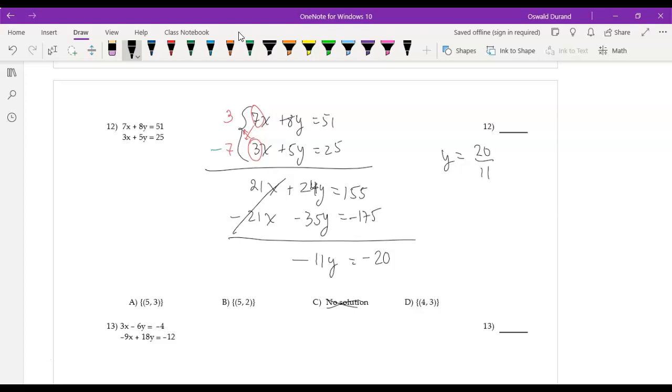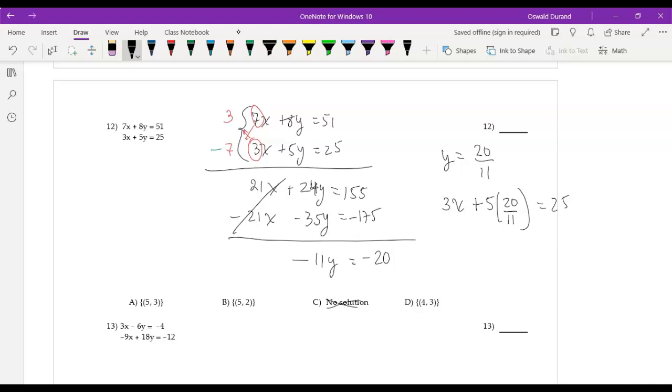You take any of those two equations. So, for example, 3x plus 5 times 20 over 11 equal to 25. Wow, it bothers me that it doesn't line up, but the test generator sometimes makes some mistakes. I just want to make sure: 3 times 7, everything seems to be okay here.